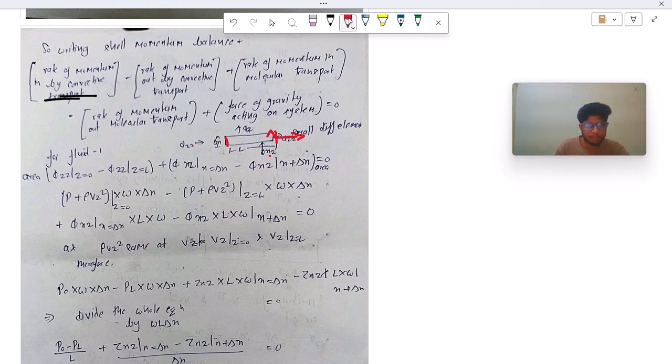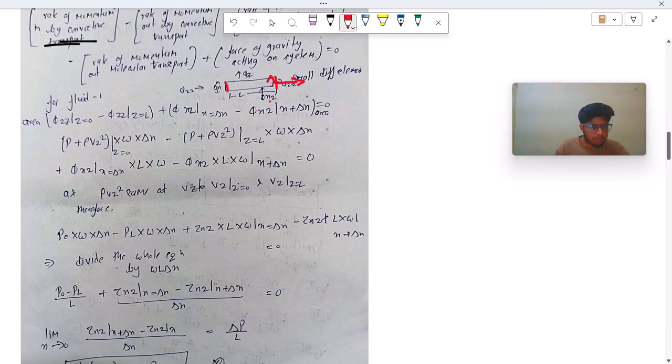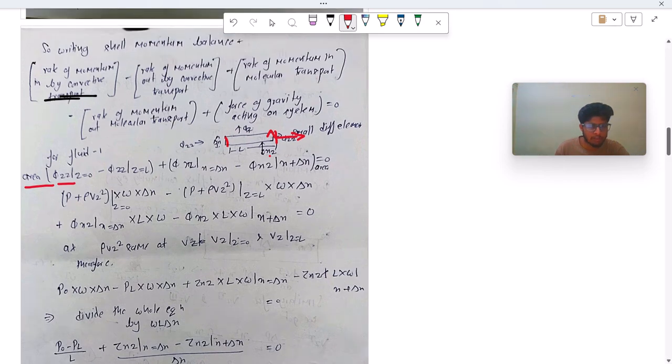So writing our shell momentum balance equation, first of all, we multiply flux by area, and the area will be perpendicular to the momentum. The z momentum in the z direction has a perpendicular area with width W and a small thickness delta x, so W into delta x.